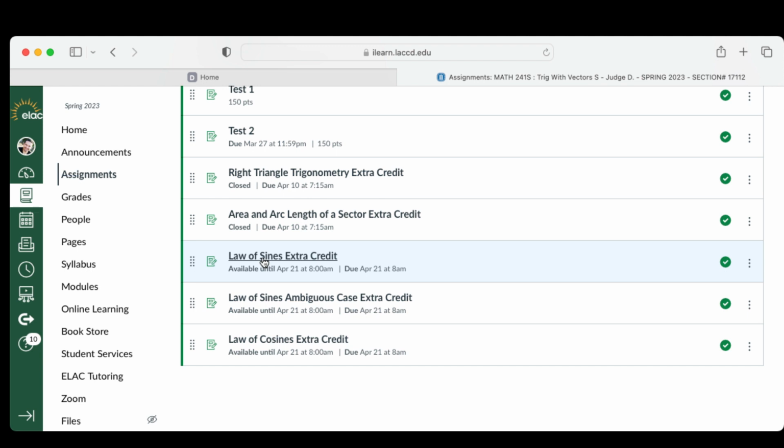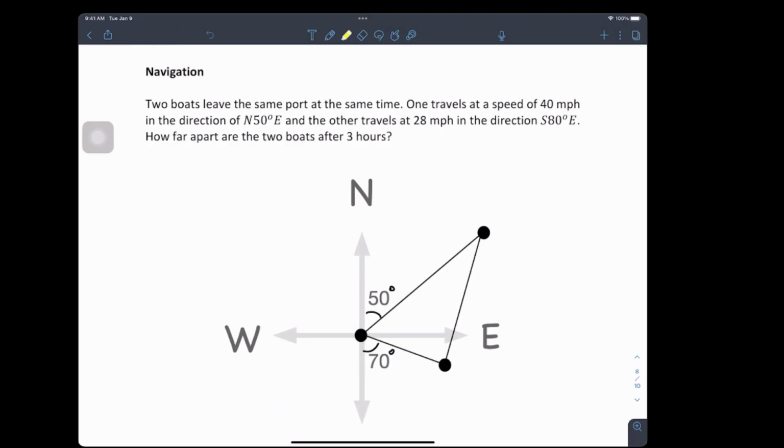What do I mean by that? Homework on right triangles, area and arc length, law of sines, law of cosines. These are things you should be doing for your homework, but this is extra credit. If it's a motivation for you to do that, let's see how well it works. For some people it is, for some people maybe not.